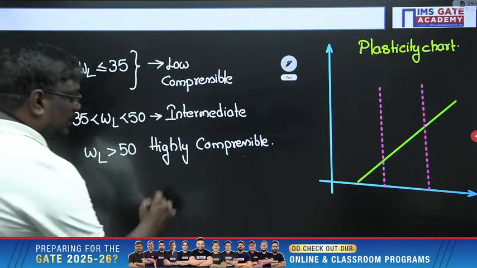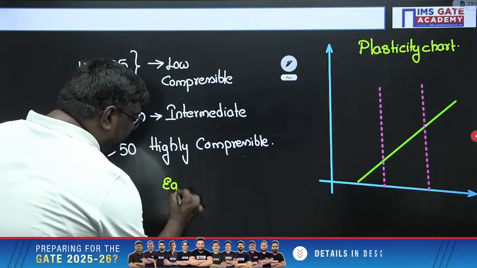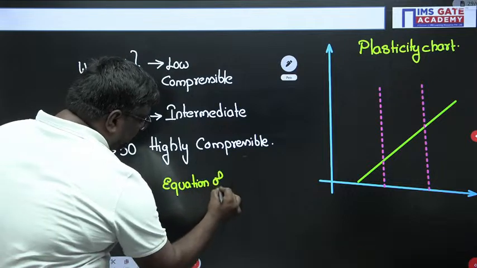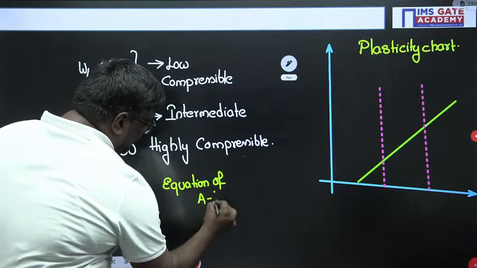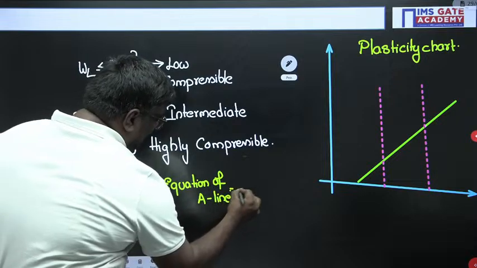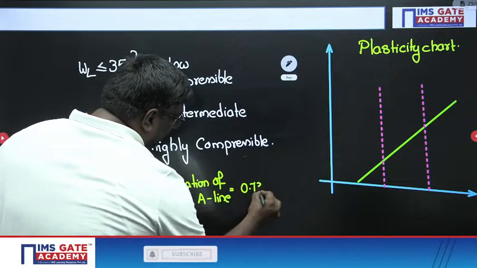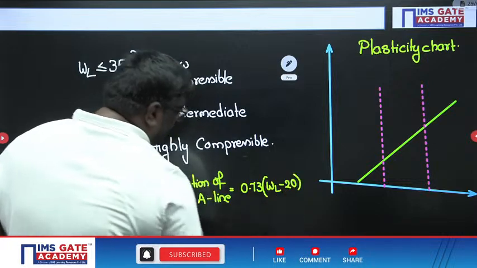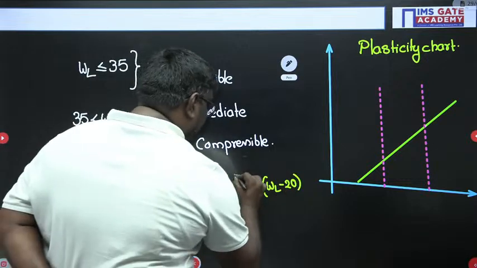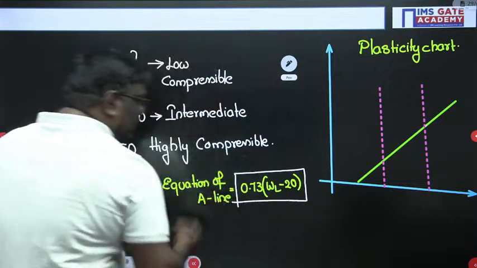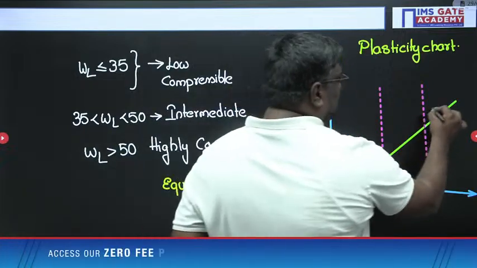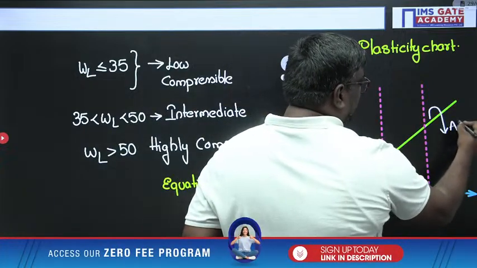What is the equation of A line? Equation of A line is nothing but 0.73 into WL minus 20. This is the equation of A line. Yes or no? This we call the A line.